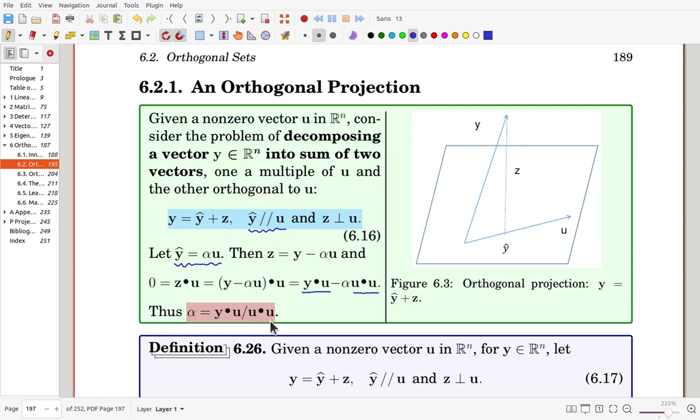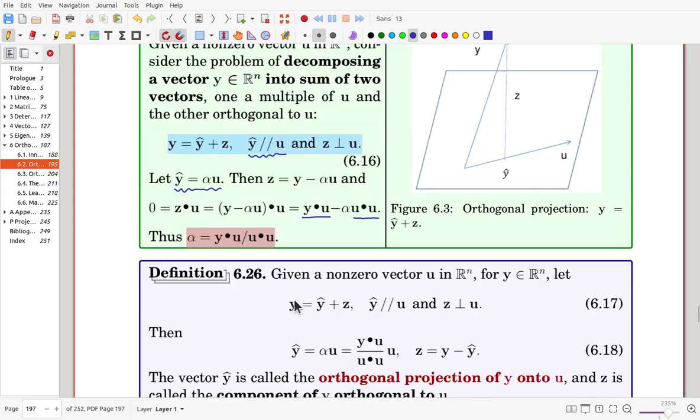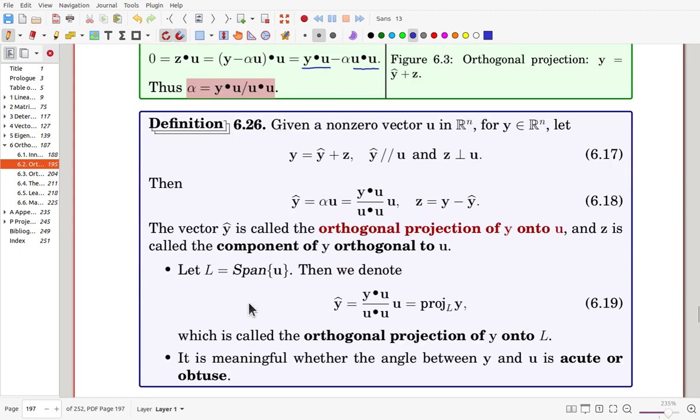Okay, now we'll summarize this derivation into this definition. Given a non-zero vector u in Rn, for y in Rn, we start with this decomposition, and y hat is parallel to u, and z is orthogonal to u.